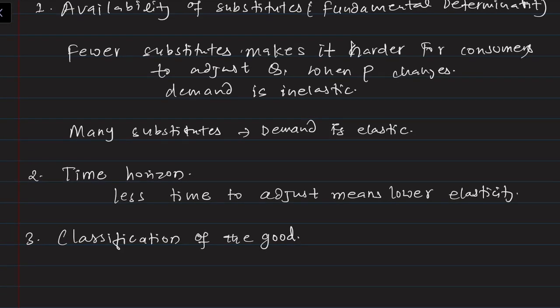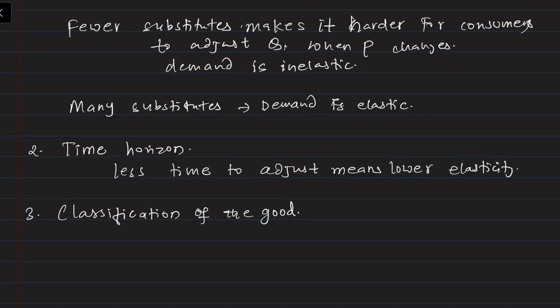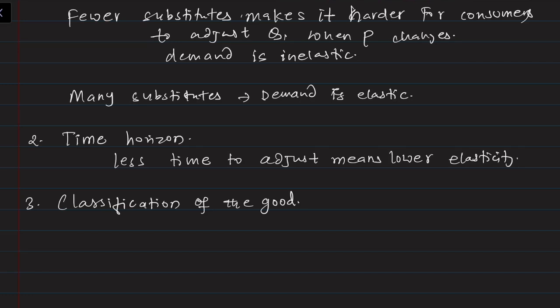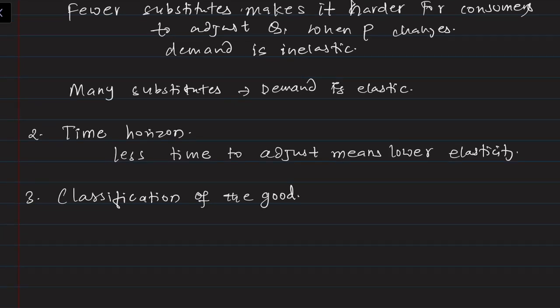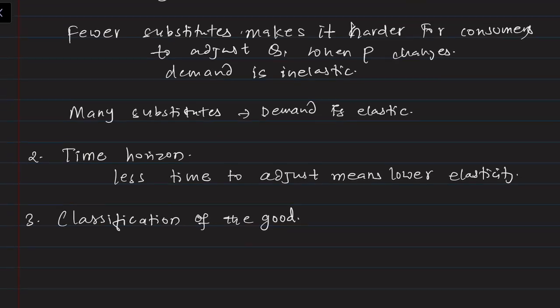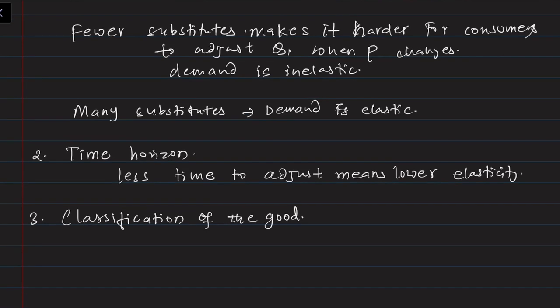Like the example of lettuce: lettuce is basically a vegetable, and you do not have many substitutes for vegetables. But if I ask what the substitutes for lettuce are, then you have so many. Almost all green vegetables are substitutes. So this is related to the first determinant, and I am not going to explain much more about it.